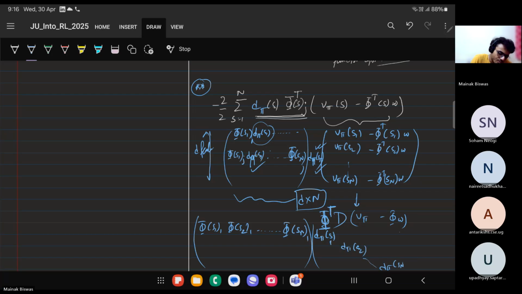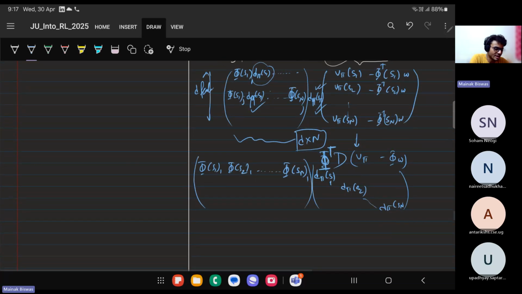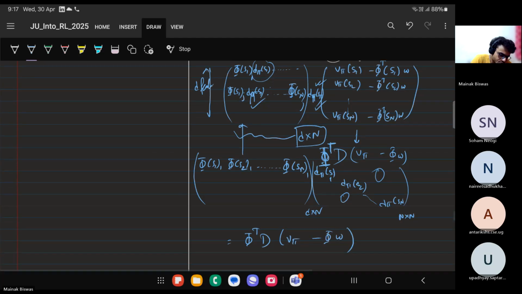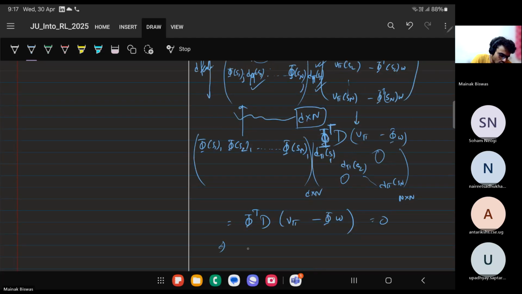Yes or no? Then only you'll get back this vector. This is n cross n and this is d cross n. Yes? No problem. So you will get phi transpose D (V pi minus phi W) equal to 0. So you get phi transpose D V pi minus phi transpose D phi W equal to 0.